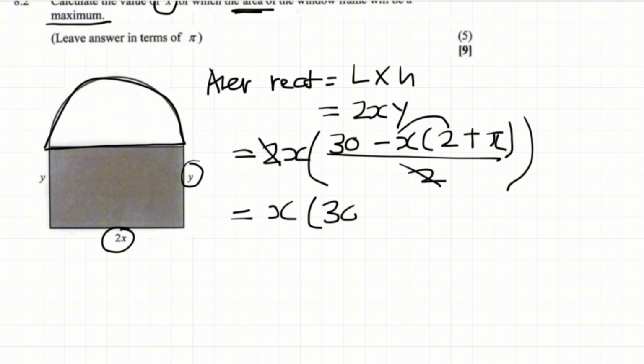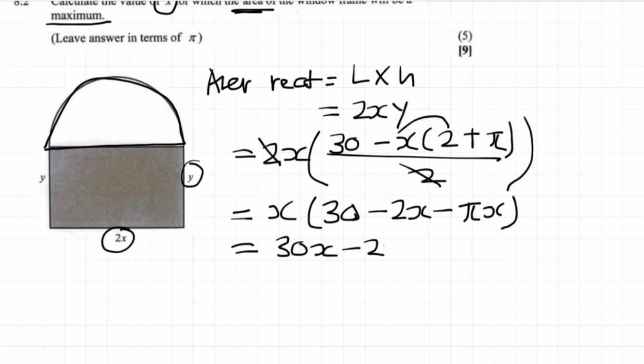Let me just distribute this one: minus 2x and then this one is going to be minus pi x, just like that. So these two cancel out with that 2. So this one is going to be 30x minus 2x squared minus pi x squared also, perfect.